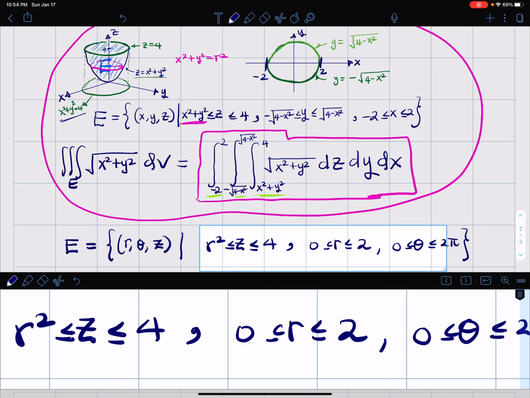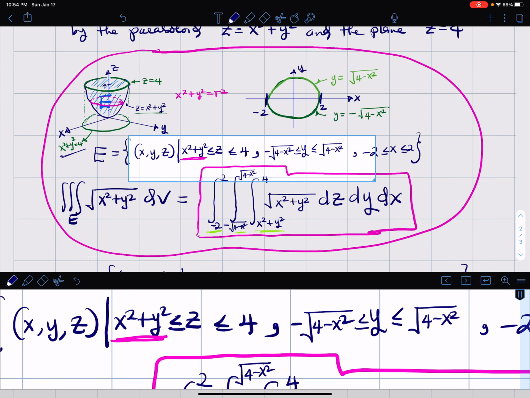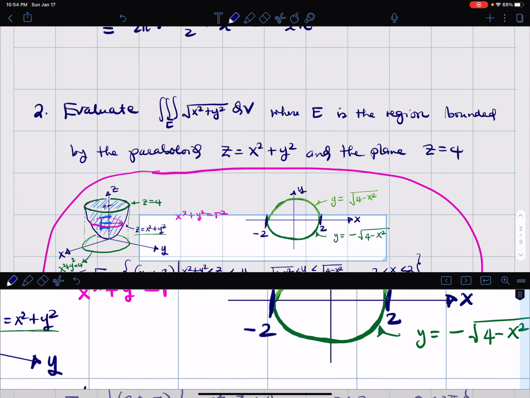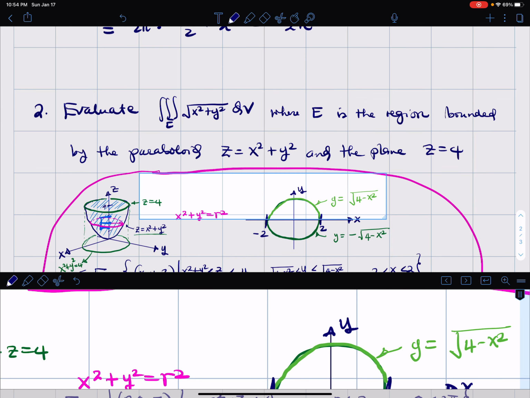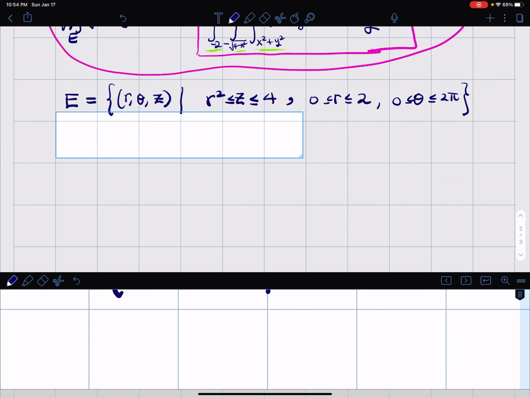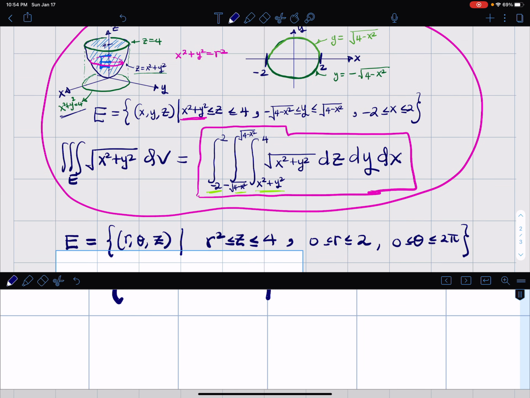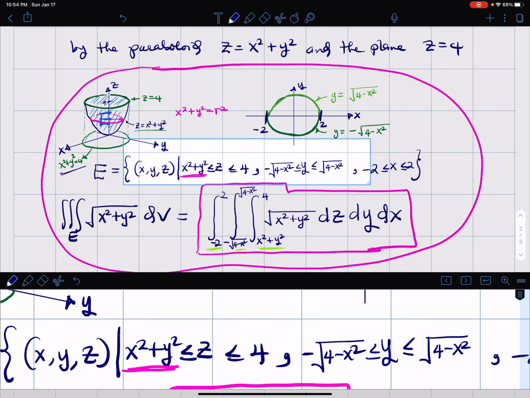All right, so I'm going to set this up. We have our E, and then we have the square root of x squared plus y squared. I want to convince you that x squared plus y squared is actually r squared, because I did that really quickly.